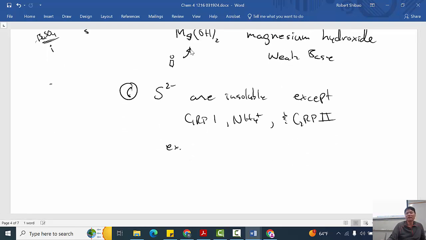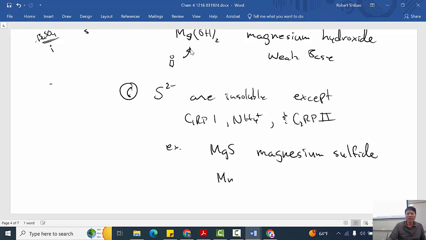And so an example of this would be MgS, which is called magnesium sulfide.